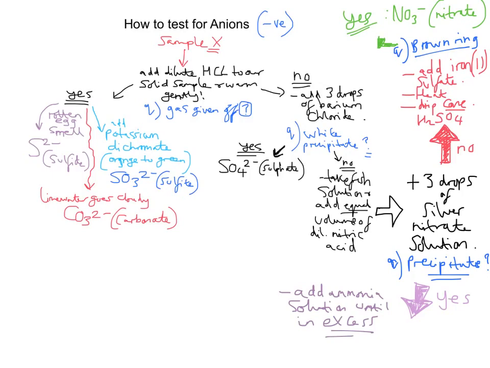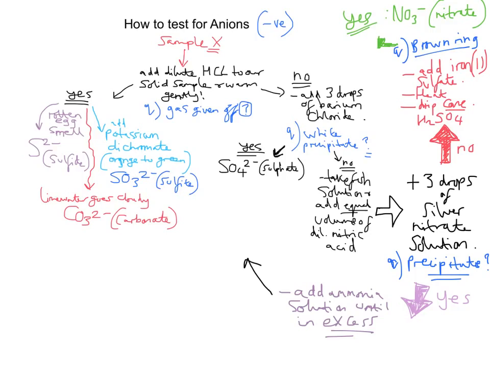So until we've got essentially too much of it. Now, then we can have really three different options. If we get a white precipitate which dissolves, then we've identified the Cl- anion, which is chloride. So we've got three possible options here.